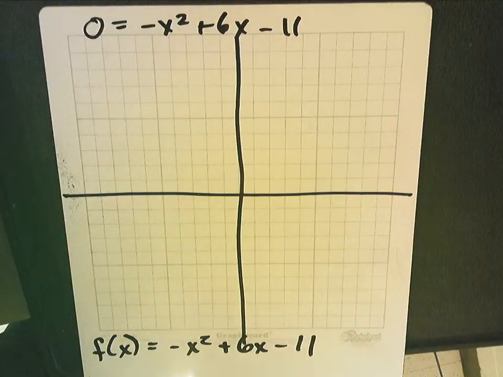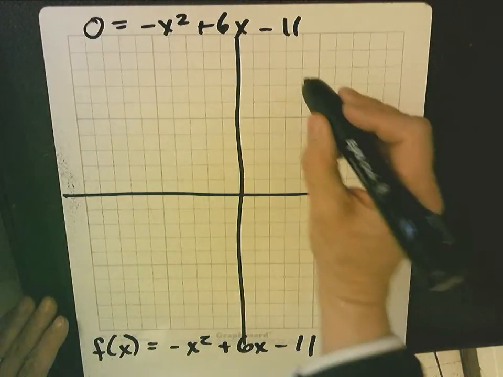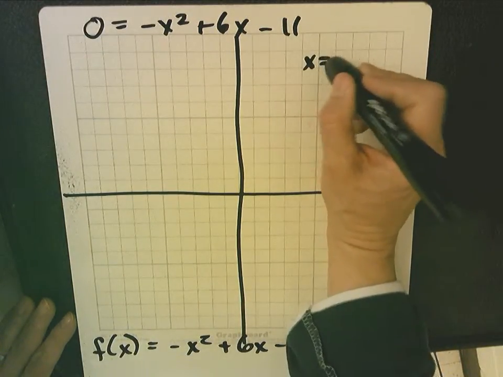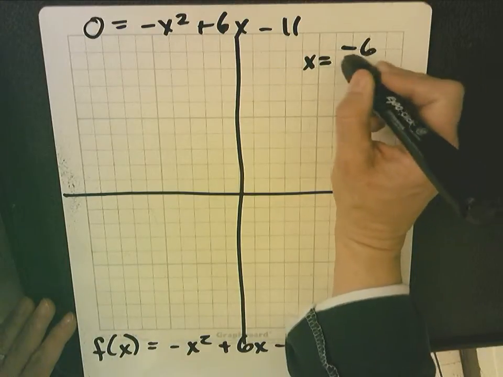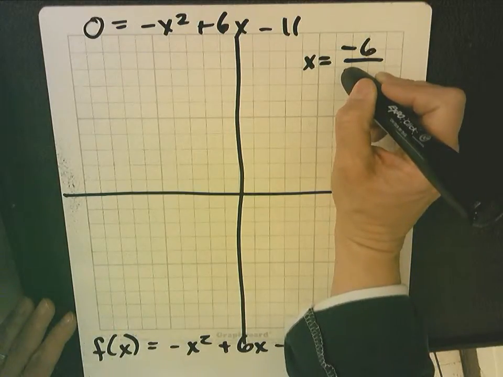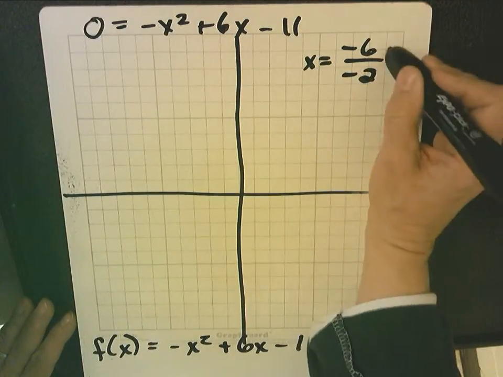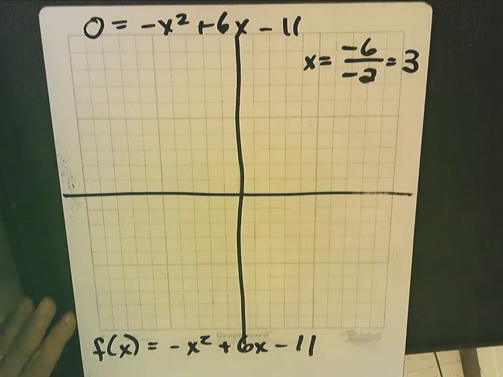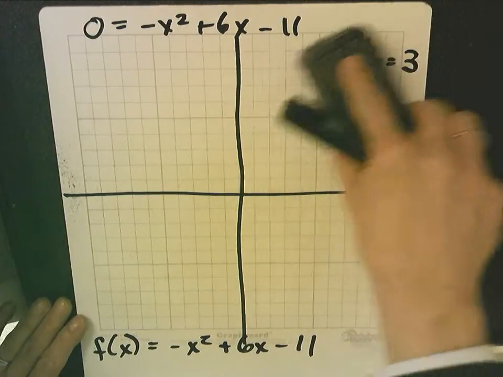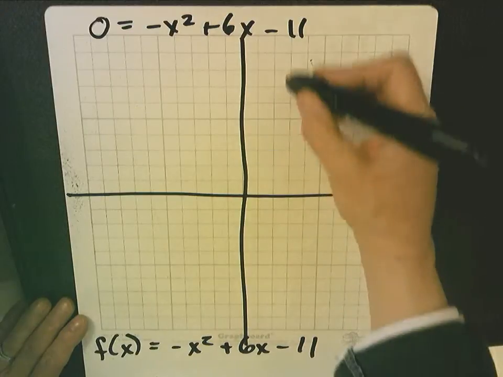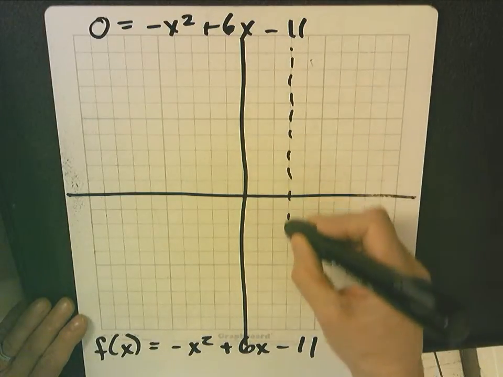So again, I start out by finding the axis of symmetry, negative b over 2a, so negative 6 over negative 2. So x equals 3 is my axis of symmetry. So here I'll go over to x equals 3.